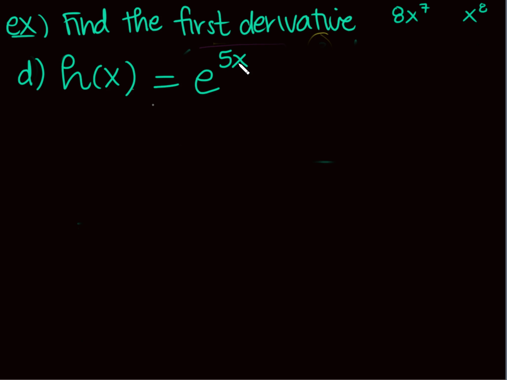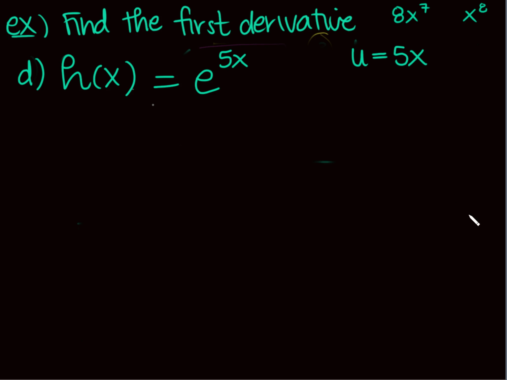All these ones that we've done up until now have really been kind of easy to see what your inside function is, because mostly it's whatever's in the parentheses, or whatever is underneath the root, or maybe whatever you're taking the sine or cosine of, right? Something like e to the 5x is not quite as easy to see. But what I'm going to do is use some u here, and I'm going to consider u to be 5x, okay?